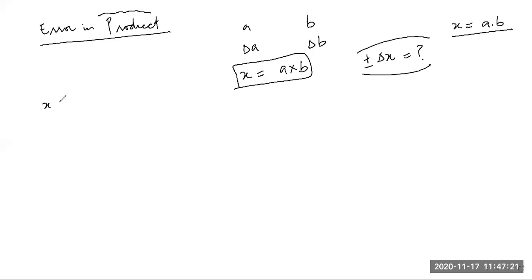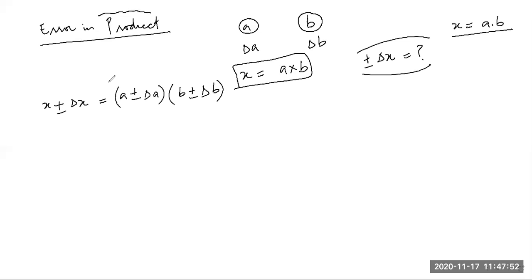So we will be having X plus minus delta X would be equal to, I will write both these quantities in the form of their multiplication along with their error. X plus minus delta X equals A plus minus delta A into B plus minus delta B. Let me show you previous slides.